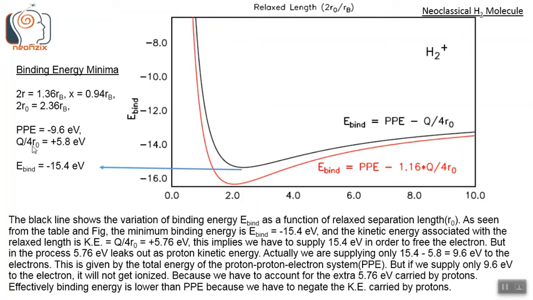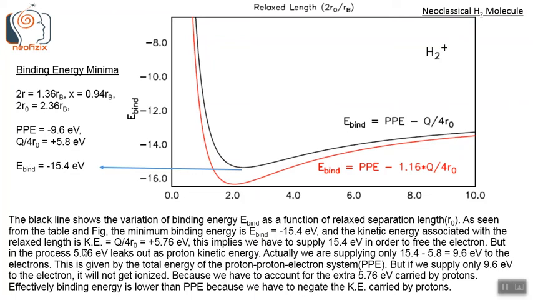and the kinetic energy associated with the relaxed length, q by 4 r naught, is 5.76 electron volt, or 5.8 electron volt. This implies we have to supply 15.4 electron volts in order to free the electron.